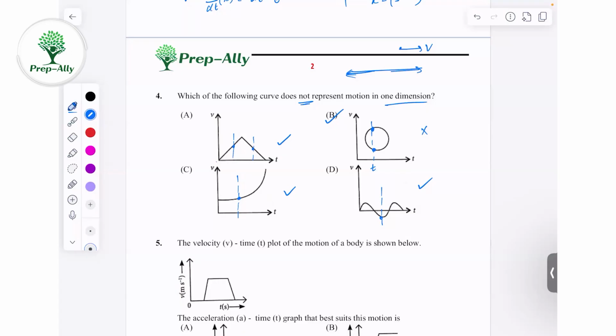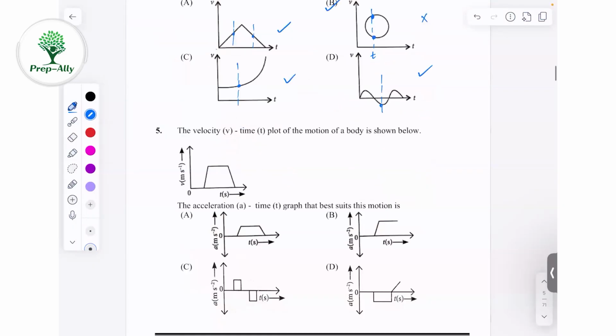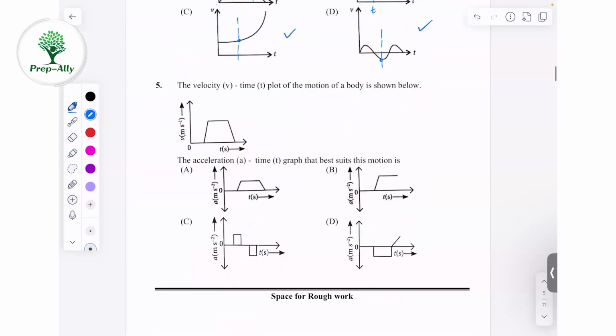Fifth one. The velocity time plot of the motion of a body is shown below. So here, we need the acceleration time graph that best suits this situation.